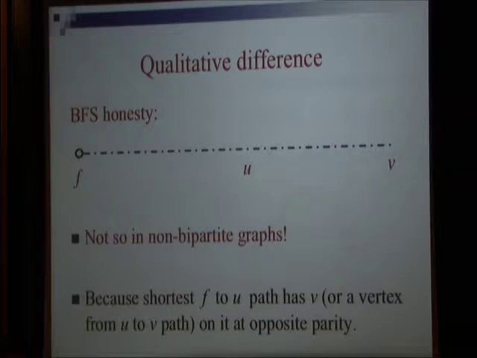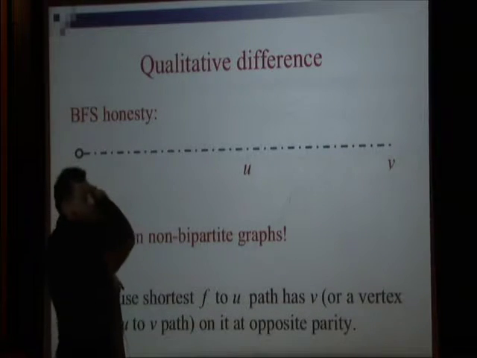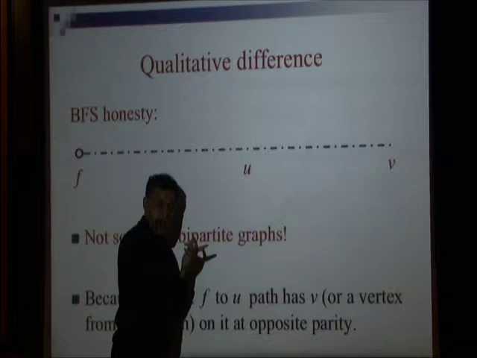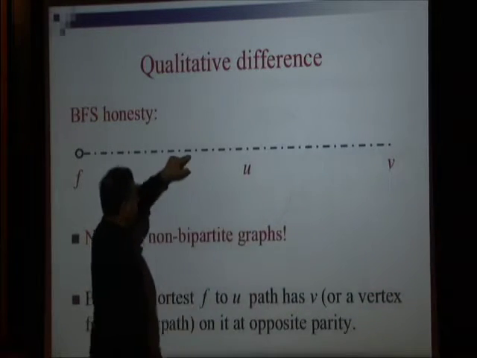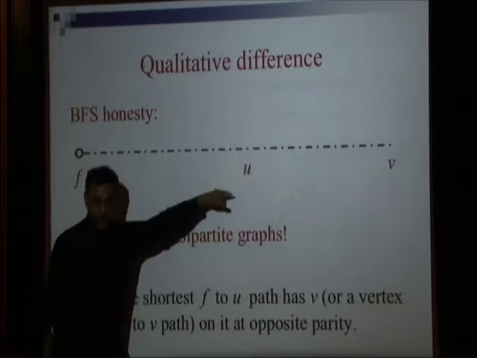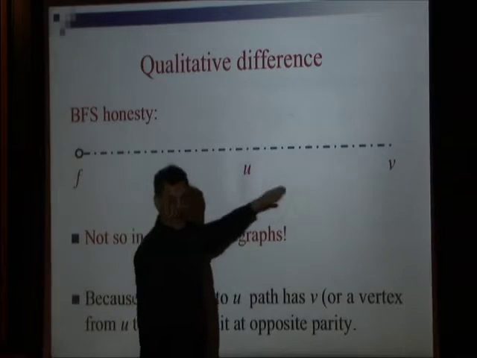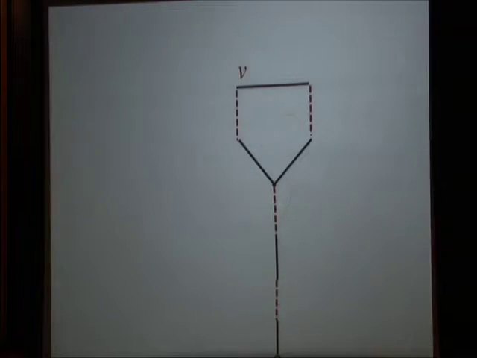Why? Because V may sit on the shortest path from F to U with a different parity. So suppose we are looking for an odd length path to V, and V sits with an even parity on the minimum path from F to U, then I cannot take the minimum path from F to U and extend it. It will be self-intersecting. And let me show you an example right away.